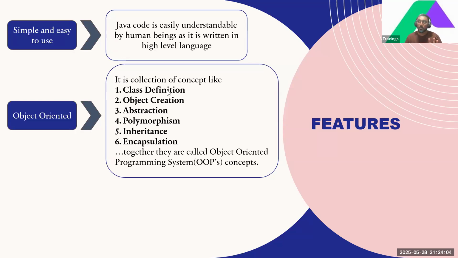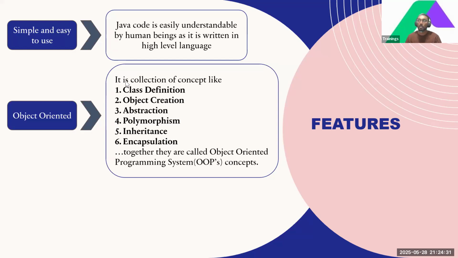What are these concepts, and why are they important? You will understand once we start learning them one by one, and we will have sessions planned for them. As of now, you just have to understand that there is one concept called object oriented, and it has these 6 concepts. Java supports all of them, so it becomes object oriented.